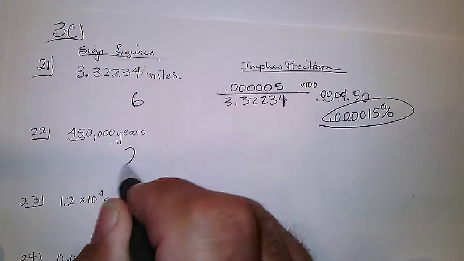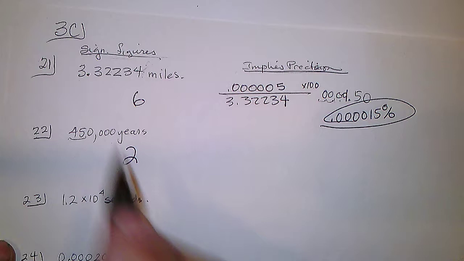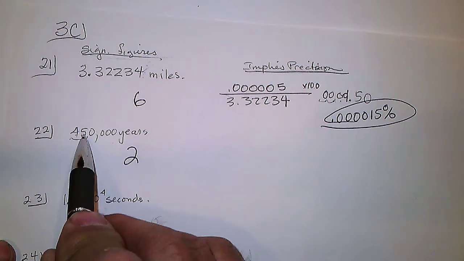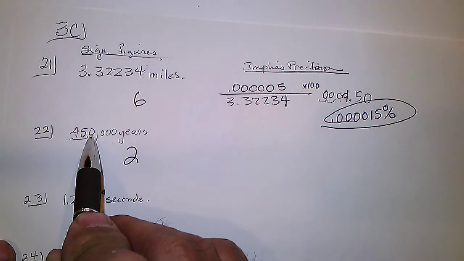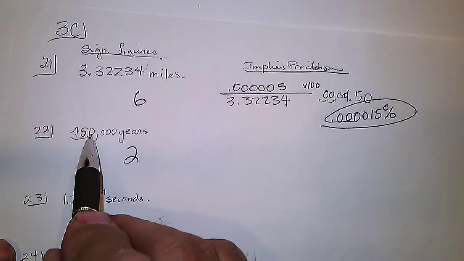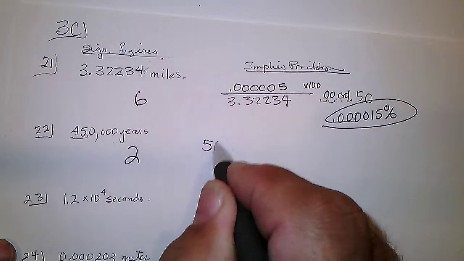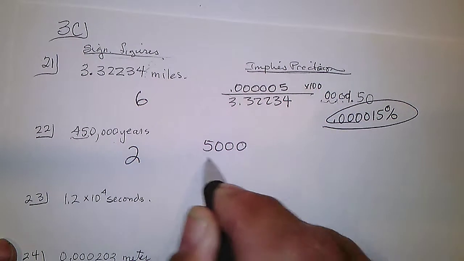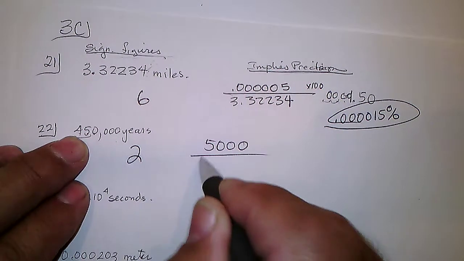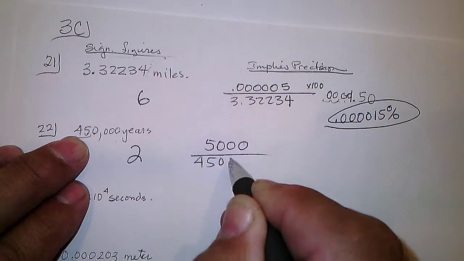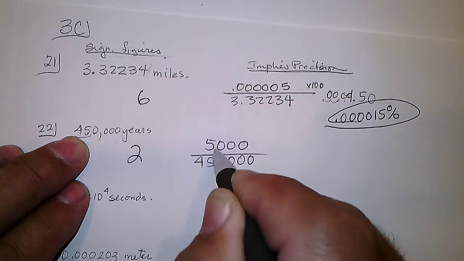So we got 2. And so the next place after the last significant digit is this one, and that's the one that would be half 5 in. So that would be 5,000 divided by 450,000.